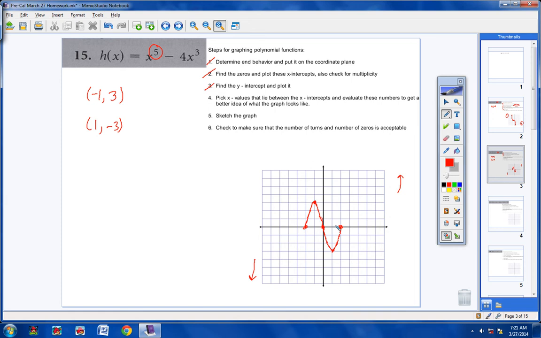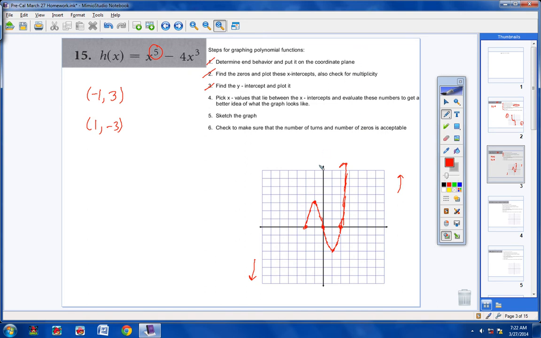Well, if you look at your table of values, you can see it's just going up, up, up, and up like crazy. So it's not coming back down. So it's not making any more turns. I mean, 3 gives you out 135, 4 gives you out 768, and 5 gives you out 2,625, way up here.